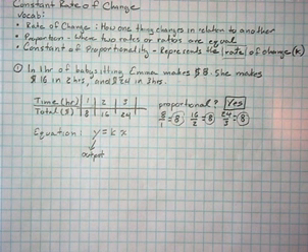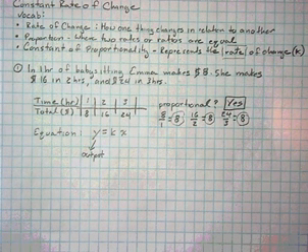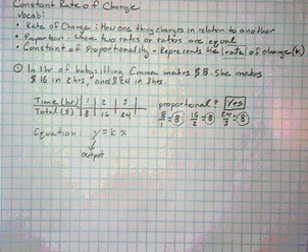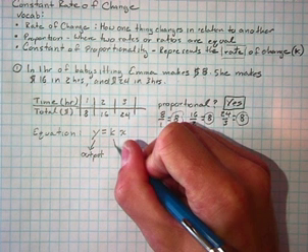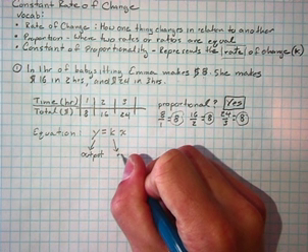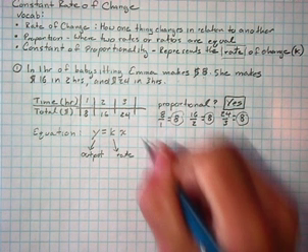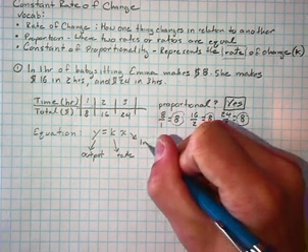Y represents our output. It's what we're producing, what we're trying to get out of the equation. In this particular case, it's money. K represents our rate. And X is our input.